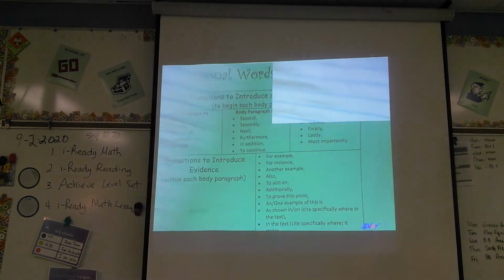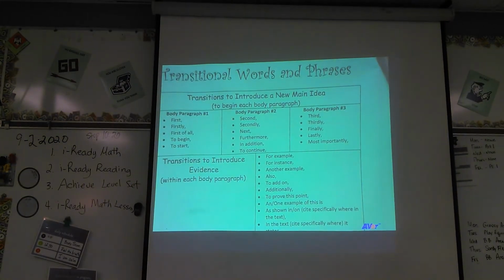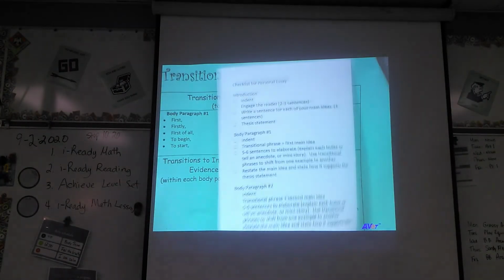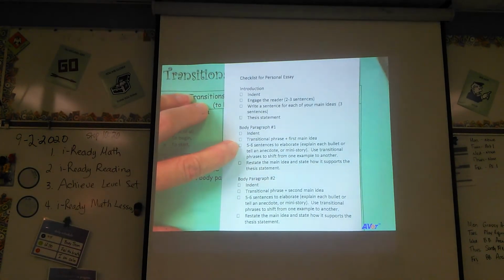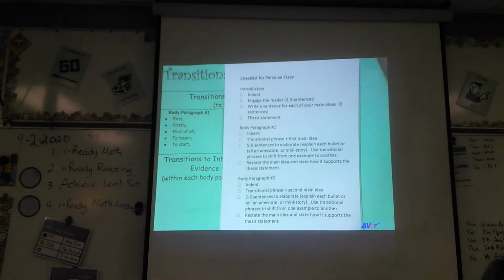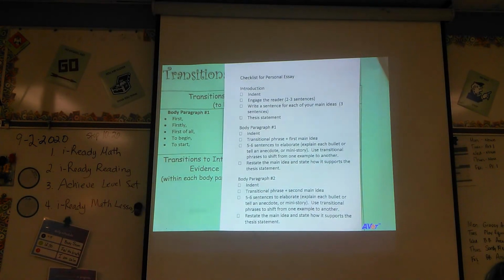Okay, so once I have introduced my main idea, we go back to our chart, then we know that we're going to be writing 5 or 6 sentences that are going to be presenting our ideas. Now, it's the beginning of the year, and we're just kind of learning how to do this.